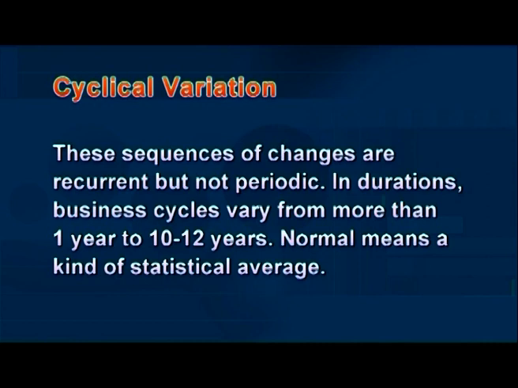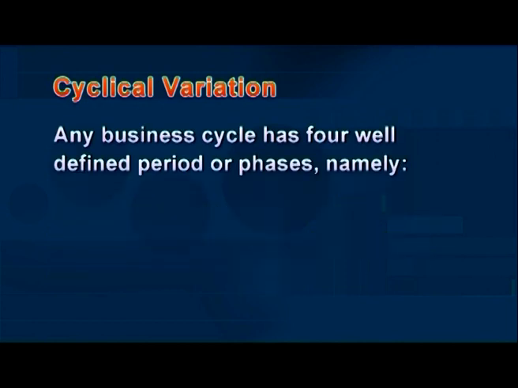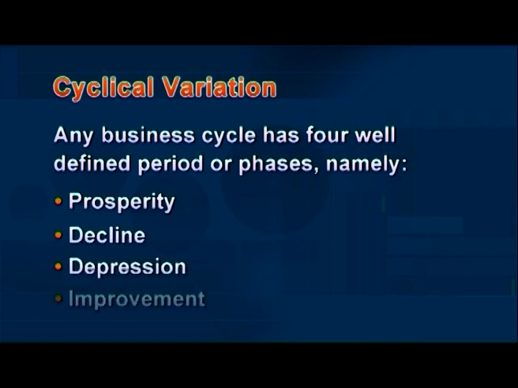In duration, business cycles vary from more than 1 year to 10 to 12 years. Normal means a kind of statistical average. Any business cycle has 4 well-defined periods or phases, namely prosperity, decline, depression, improvement.